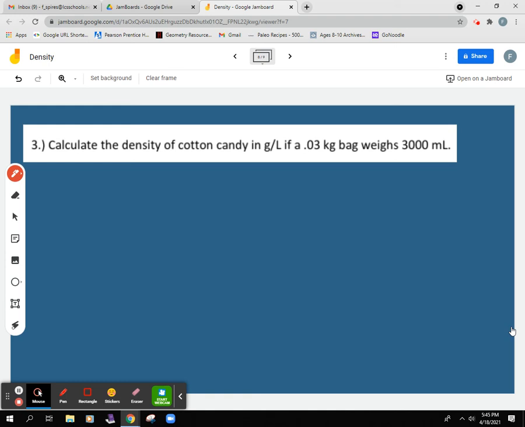Here's a spot where I'd love for you to pause it and try to calculate the density of cotton candy. Go ahead. All right, did you get 10 grams per liter? On that one, you had 2 conversions. You had to take 0.03 kilograms to grams, and that was a movement of 3 to the right. So we moved that decimal 3 to the right to get 30.